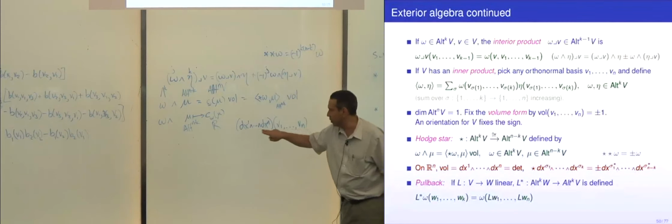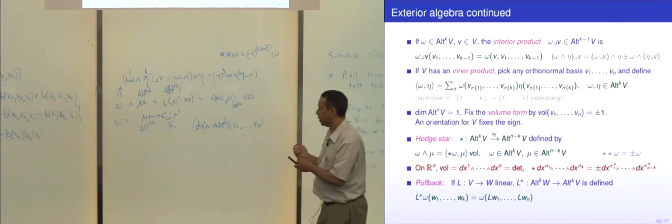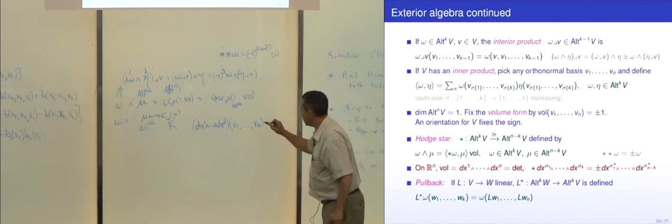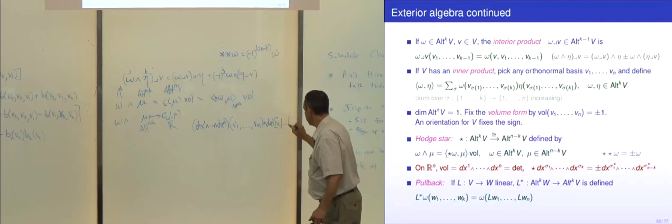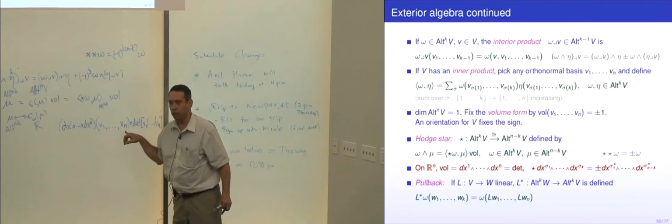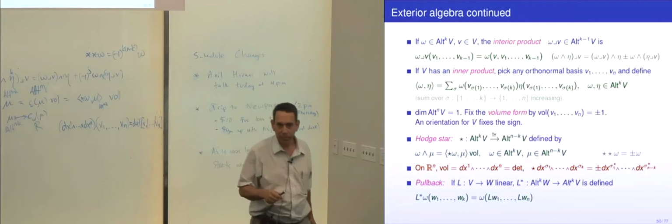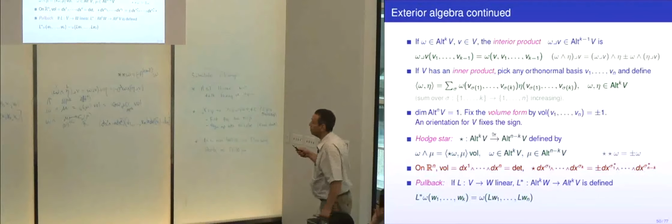Write down the definition of the wedge product, which was the skew symmetric part of the tensor product, and you get that this is nothing other than the determinant of the matrix v1 through vn, which isn't surprising because the only skew symmetric n-linear form on an n-dimensional vector space is the determinant up to a multiple. So the volume form is the determinant in Rn.